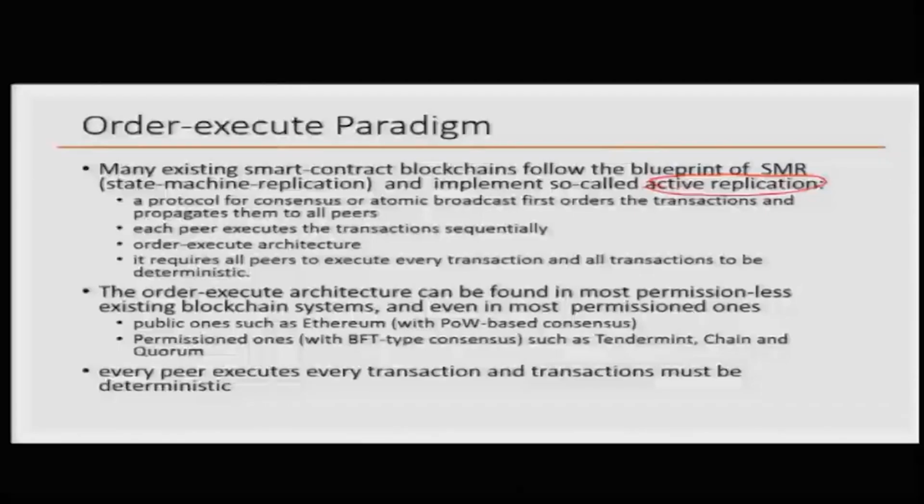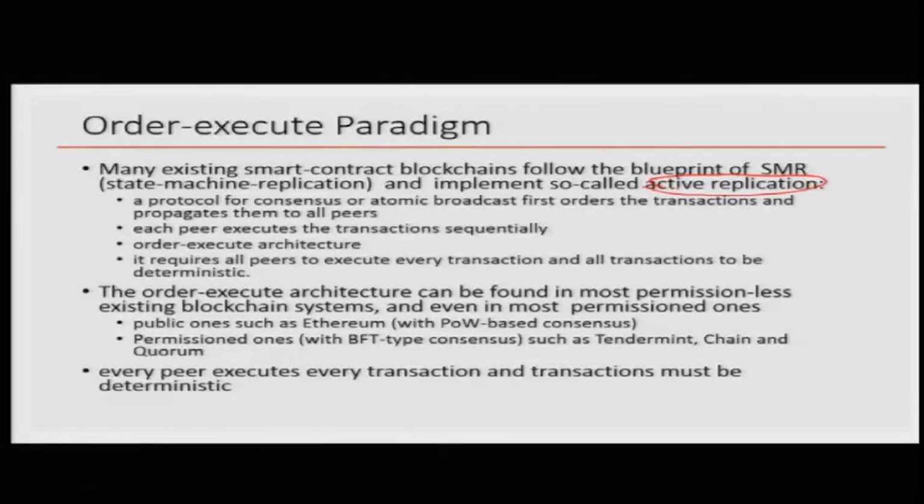In case there is a fault, you also have to keep maintaining this state transition as you interact with the user. This is called active replication. A protocol for consensus or atomic broadcast needs to order the transactions that propagate to all the peers.